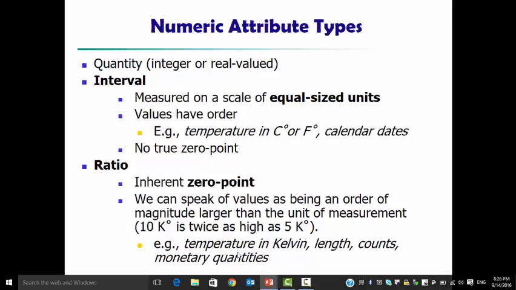Numeric attribute type: numeric data has a quantity, like magnitude. Because it has a quantity, we can see the interval between two adjacent numeric values. Interval, right? Some intervals may be equal, some intervals may not.